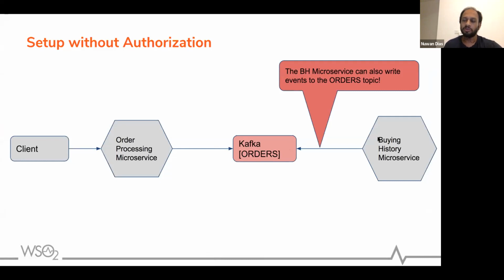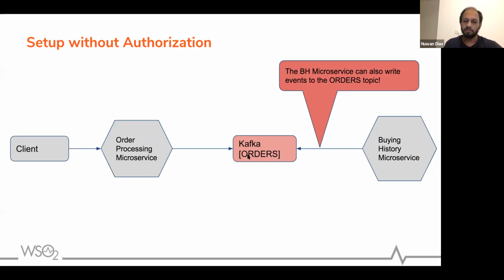However, it can also intentionally or unintentionally write events to the orders topic, because both are trusted at the transport level, at the mutual TLS level, but there's no authorization set up in order to specify who can write to orders and who can read from orders.